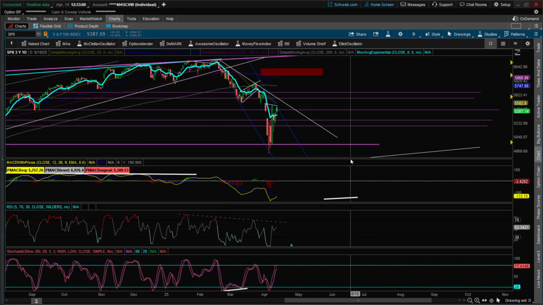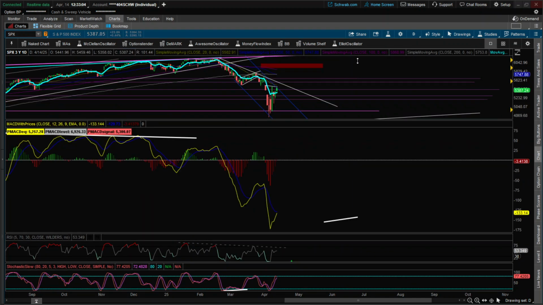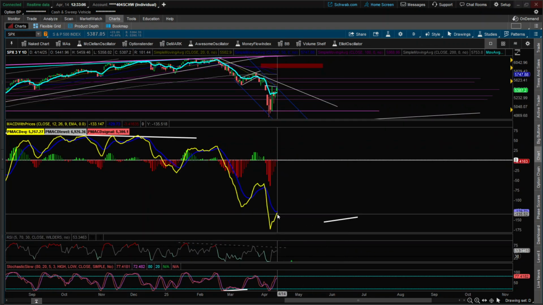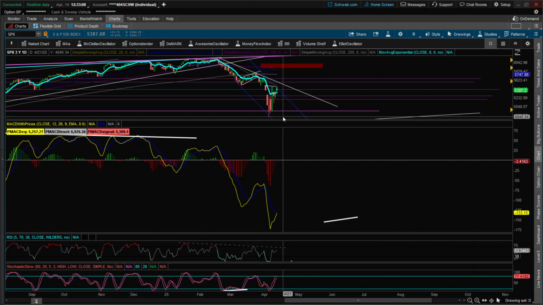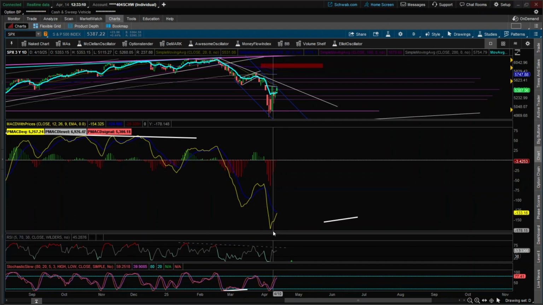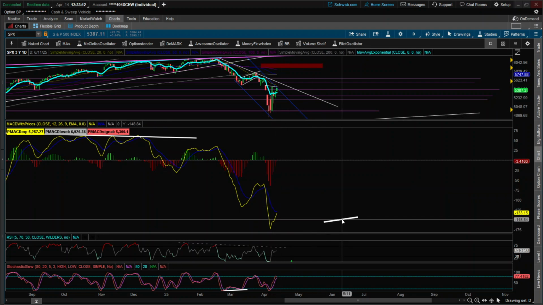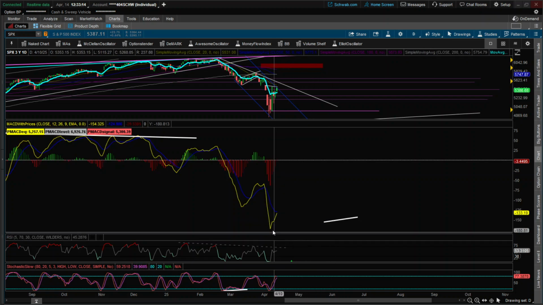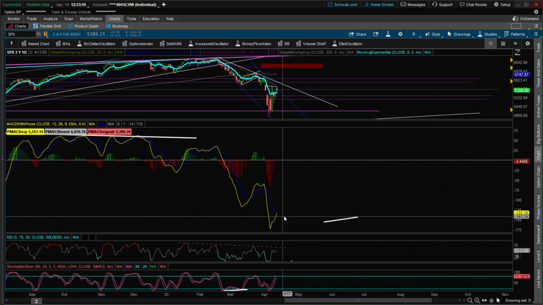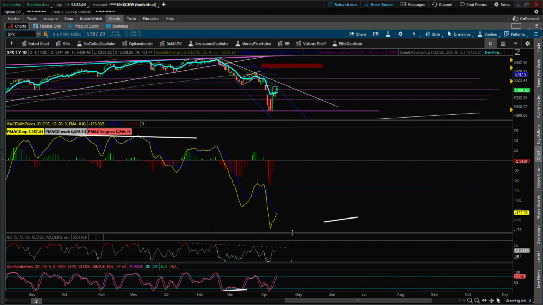Here's our MACD. The MACD is not crossed over yet. Again, if we make lower lows, that would just be such a beautiful thing. That's why I have this line placeholder here, and we'd have positive divergence going in there, and just a fantastic opportunity if that happens.